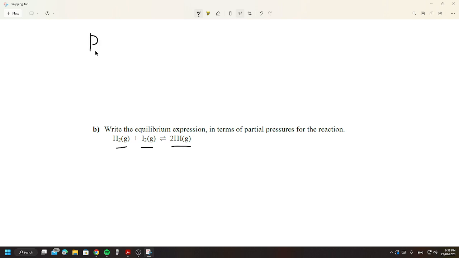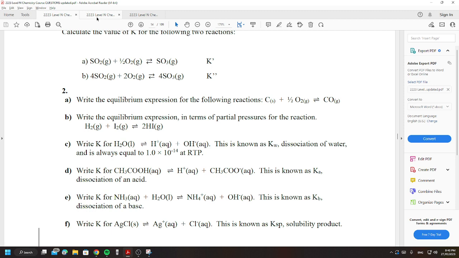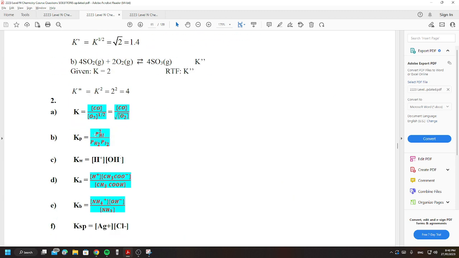It's going to be the partial pressure of HI squared, because the coefficient is 2, over the pressure of H2 times the pressure of I2. That's it. So pressure of HI squared over pressure of H2 times pressure of I2.